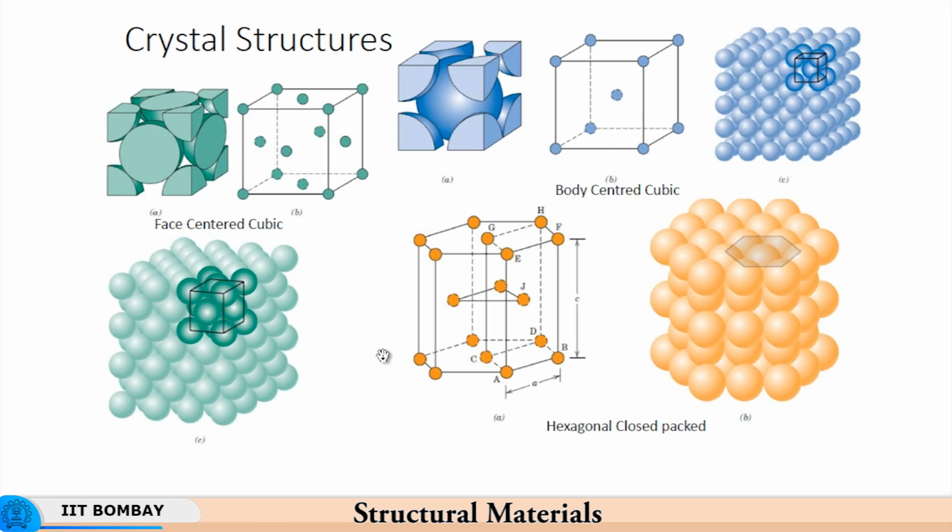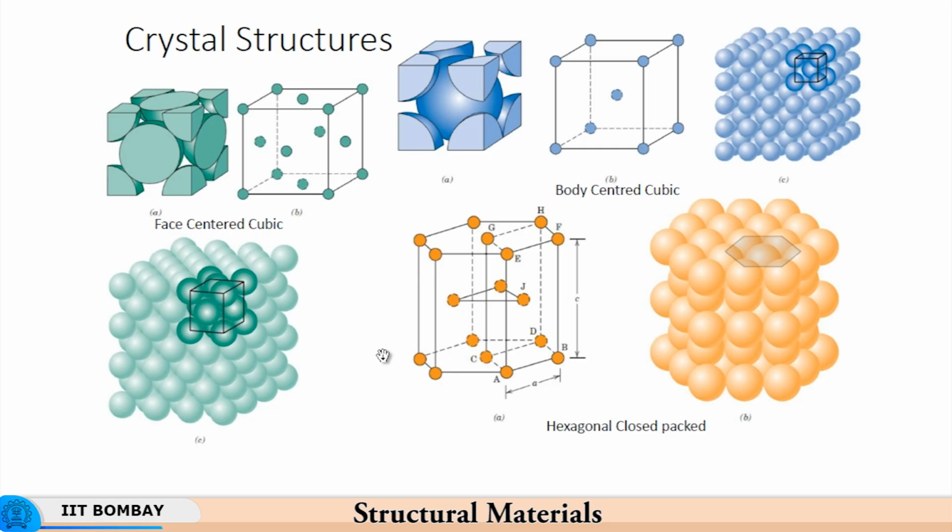Similarly, you have an HCP structure, hexagonal close packed structure, where we have 6 plus 1, 7 atoms at the top, 7 atoms at the bottom, and 3 in the central plane, which lies inside the cell. So this is a hexagonal cell, this is a body-centered cubic cell, and this is a face-centered cubic cell.